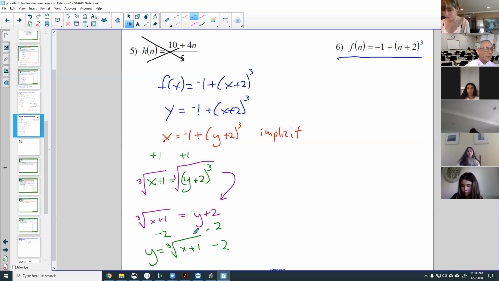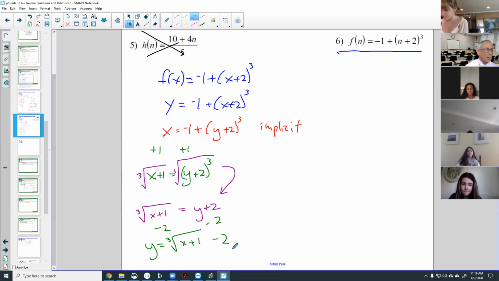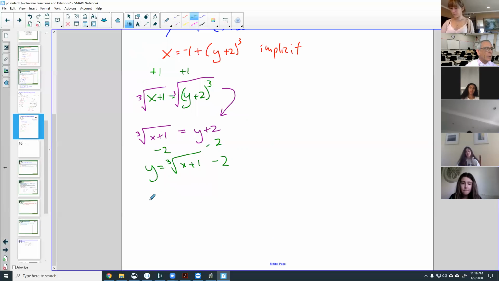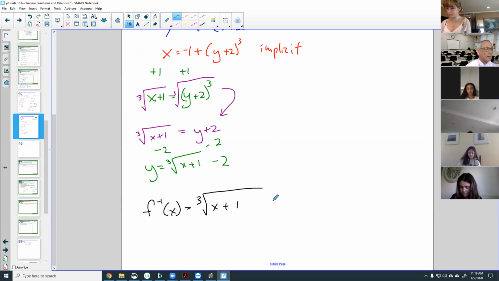Now this minus 2 is not under the cube root. It's separate from the cube root. And now my last step is to change this into f minus 1 of x is equal to the cube root of x plus 1 minus 2. How do we feel about that? We're good?